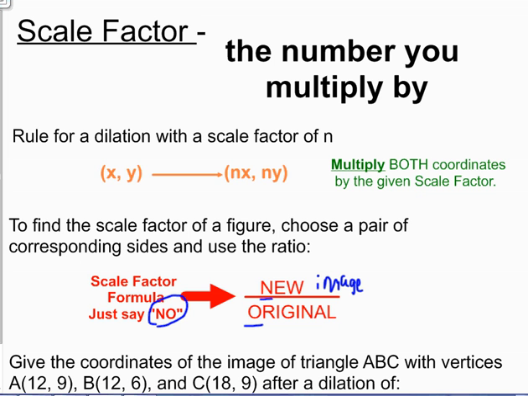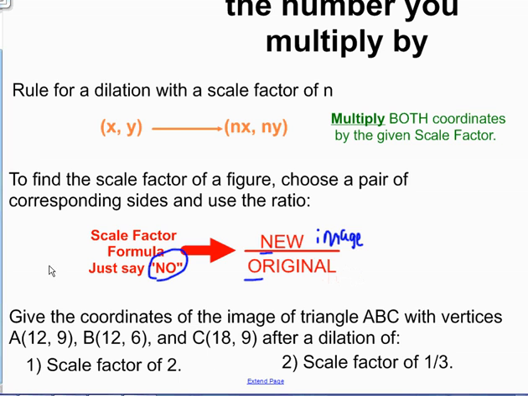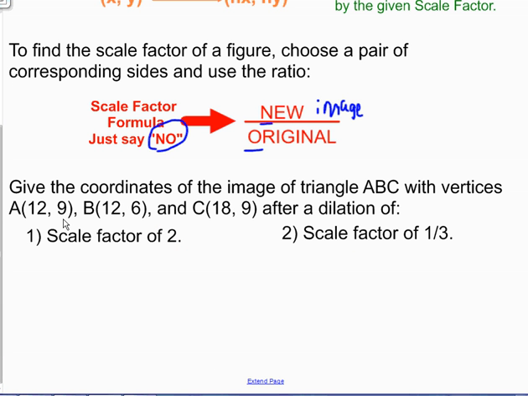All right, so let's take all this information and apply it to an example so it becomes more clear for you. We have this example. It says, give the coordinates of the image of a triangle ABC with vertices (12, 9), (12, 6), and (18, 9) after the dilation of a scale factor of 2 or a scale factor of 1/3.